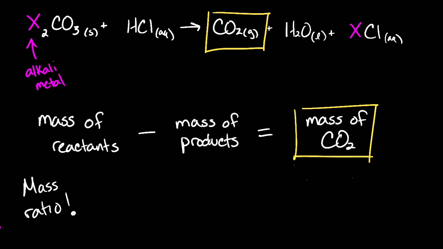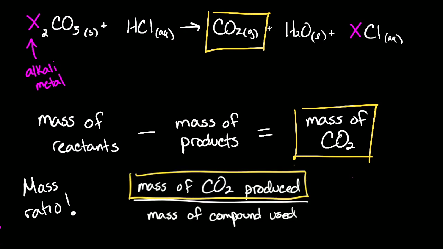And the way that we're going to identify which alkali metal carbonate we're using in this lab is by doing a mass ratio. Specifically, we're going to look at the mass of the carbon dioxide that's produced in the reaction that we get from doing our mass difference.